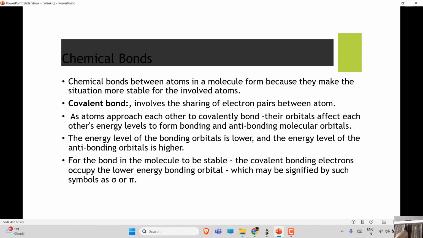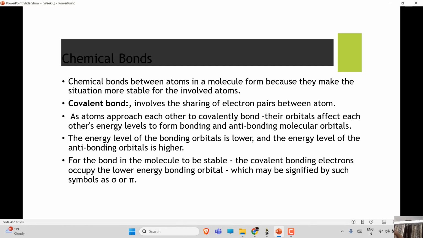Now, chemical bonds between atoms in a molecule form because they make the situation more stable for the involved atoms. Covalent bonds involve the sharing of electron pairs between atoms. As atoms approach each other to covalently bond, their orbitals affect each other's energy levels to form bonding and anti-bonding molecular orbitals.